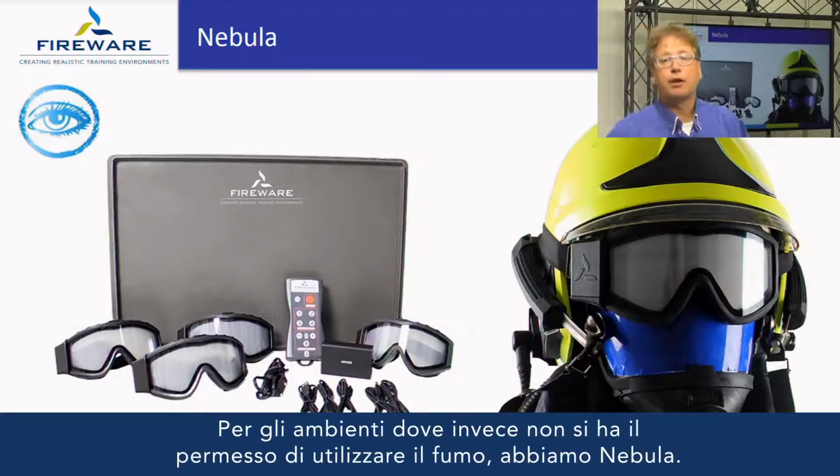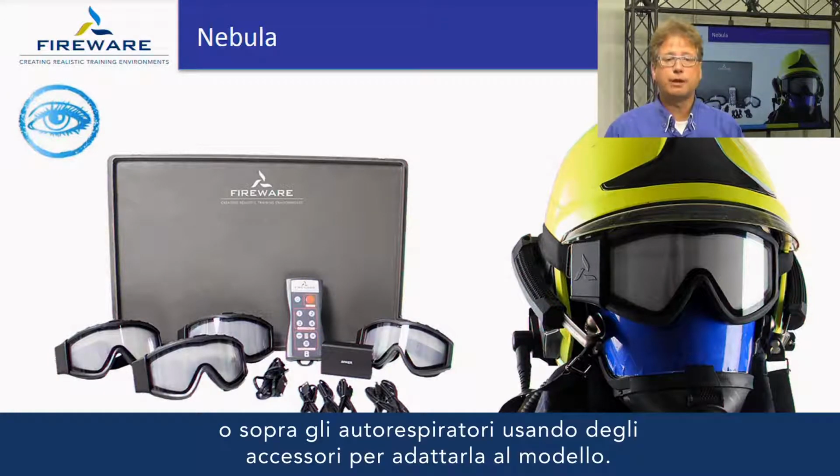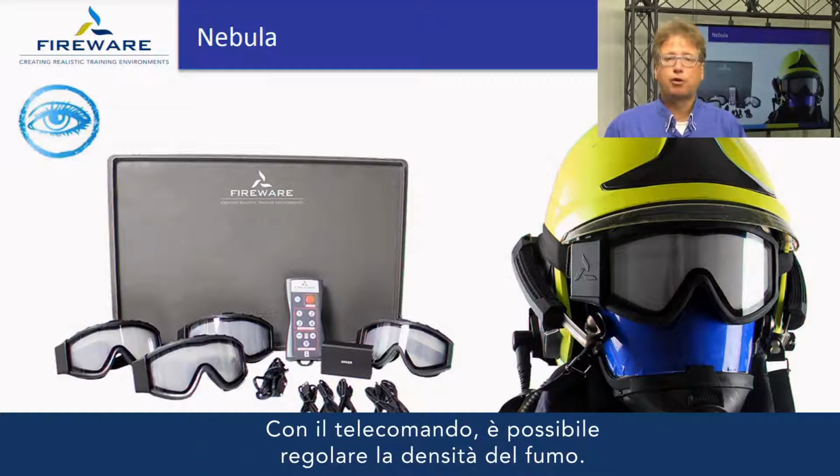There are places where you're not allowed to use any smoke. So we have the Nebula. The Nebula is an augmented reality mask you can put in front of your glasses or on your BA apparatus. We have several modification pieces; you can see on the picture below that it also works on your BA. And with the remote control, you can give more or less smoke.